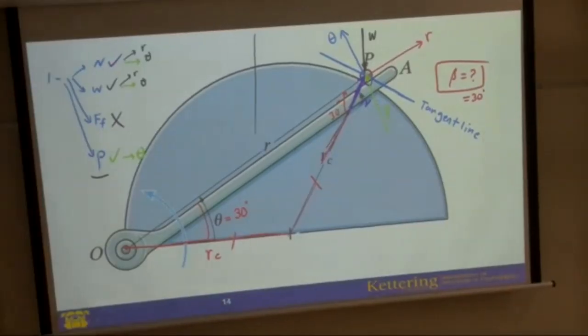This is perpendicular to this one, and this angle is 30 degrees. There's some relation between these. Here is perpendicular to this one, and this angle will be 60 degrees. This angle will be 60 degrees, and this will be 30 degrees. Thank you.